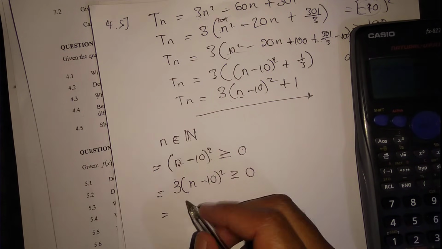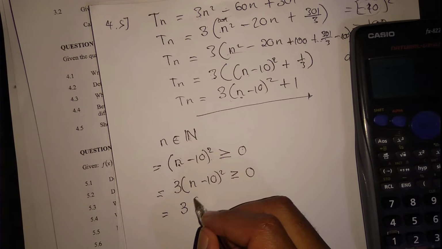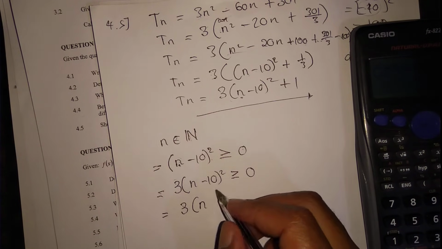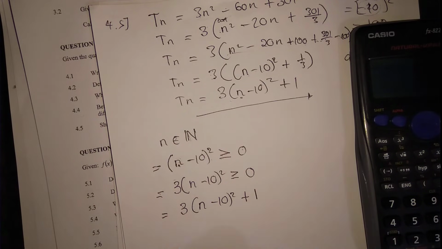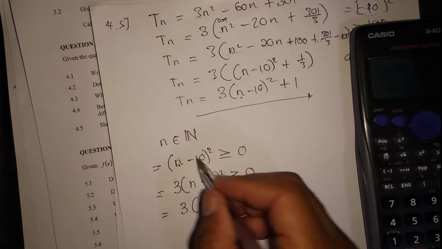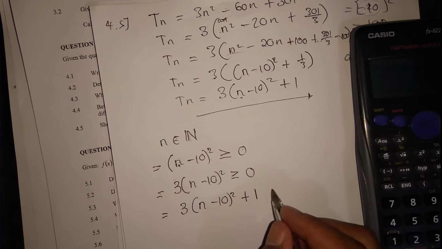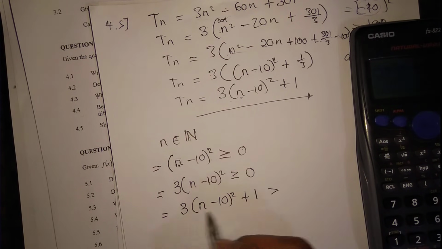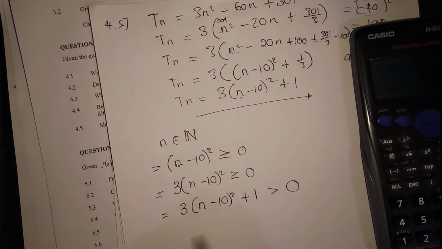Now I bring back the 1 in our tn formula: 3(n minus 10) squared plus 1. We saw that the bracket can give 0, but when we add 1, we no longer get 0. We get values that are positive all the time whenever we put in a value of n.